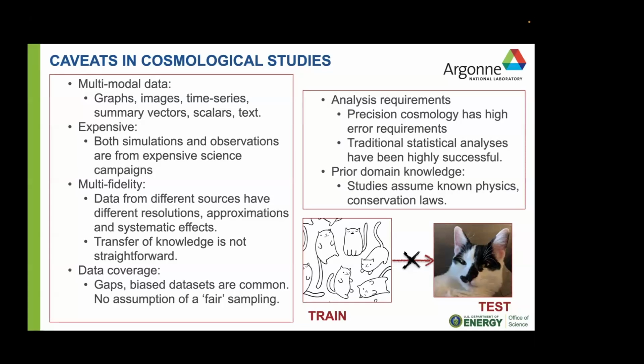In addition to that, when it comes to a lot of astronomical observations, there are a lot of systematic effects, which means instruments can have certain behavior that are either understood or not really well understood, and they can affect our final answers. And trying to understand how to transfer this knowledge from one fidelity to another fidelity is usually not very straightforward.